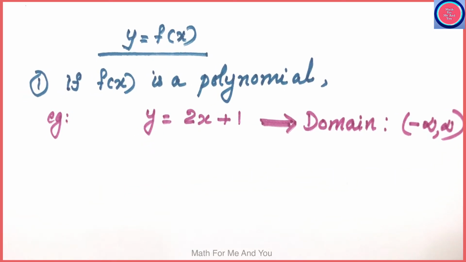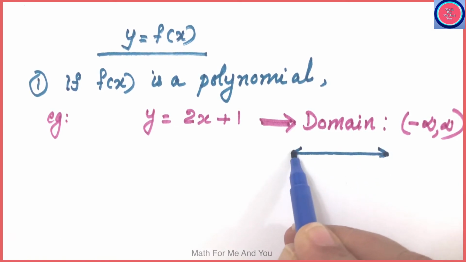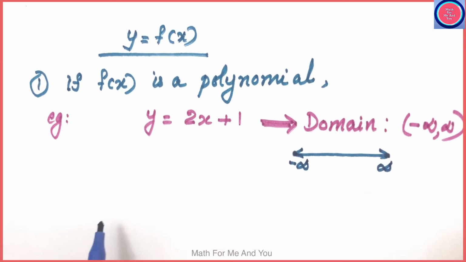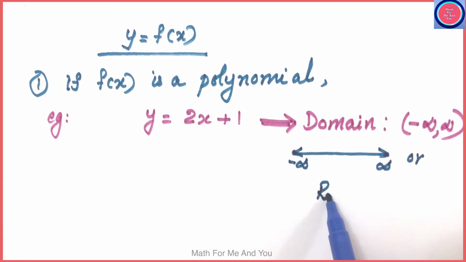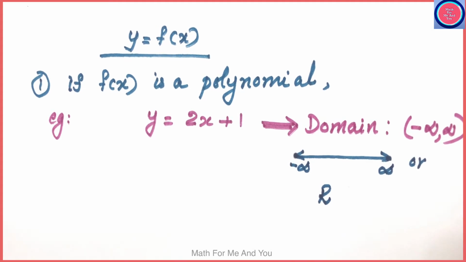The domain, that means all the x values, from minus infinity to positive infinity. On a number line, we can write x takes the values from minus infinity to positive infinity. Or we can show this with a letter. What is that? We denote this with the letter R, because R stands for the set of all real numbers. X takes all the values.